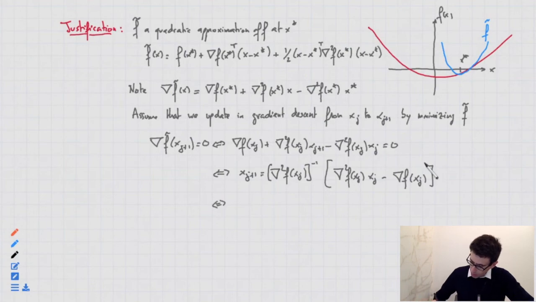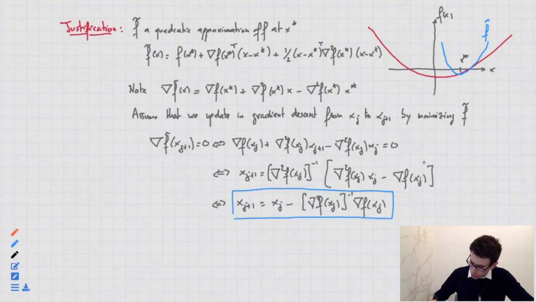And noticing that here I have the inverse of the Hessian, here I have the Hessian, you obtain exactly the following expression. xj plus 1 is equal to xj minus the inverse of the Hessian times the gradient.